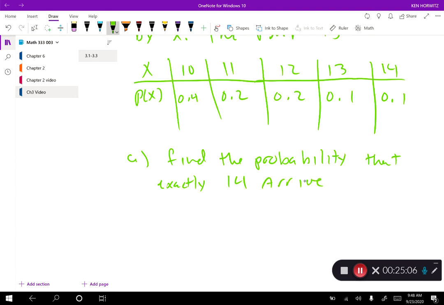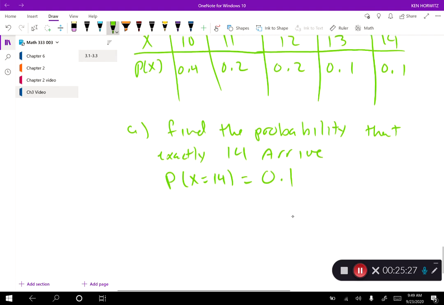So what I want to know is, what is the probability that x equals 14? And if I look on my chart, x equals 14 at 0.1.